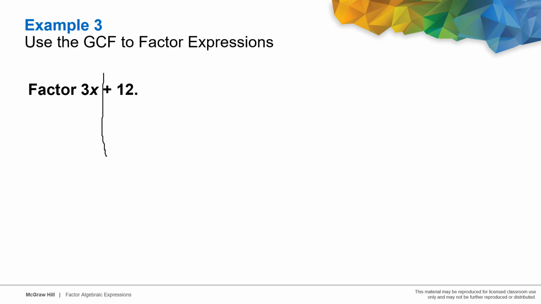Step 2: determine the factors of each term. This is a very nice problem to begin with because the factors are very simple. The only factors for 3x are 3 times x. Ooh, that went off the boards.